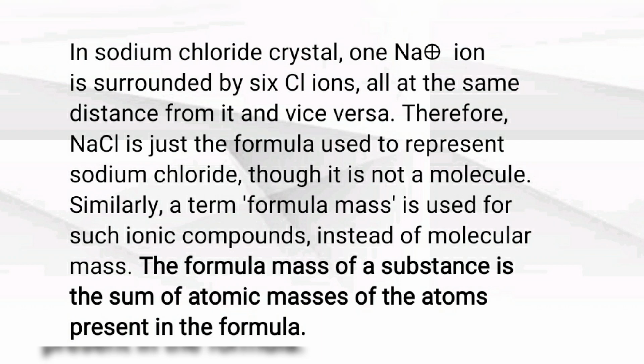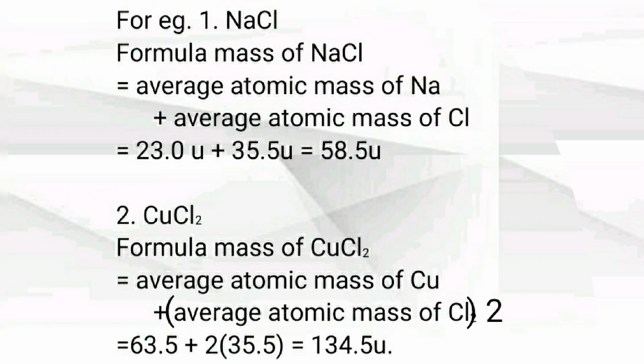For example, sodium chloride, we know that it is a 3D structure, so the ions of chlorine and sodium surround each other, so we are taking only its formula, that is NaCl. So the average atomic mass of sodium plus the average atomic mass of chlorine, 23 unit plus 35.5 unit, gives 58.5 unit. So this is the formula mass of sodium chloride.